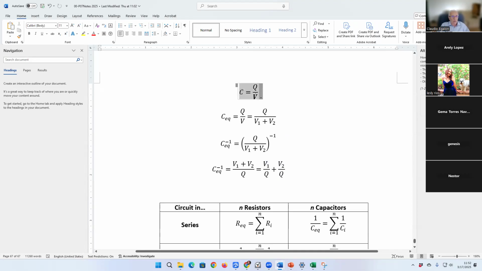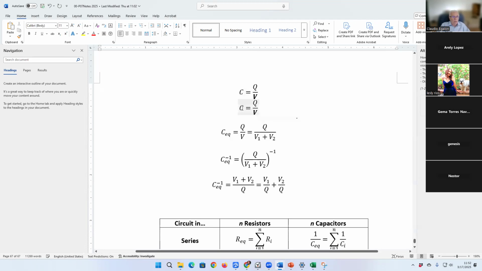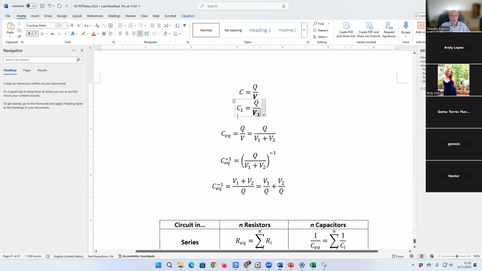Refer to this equation for the capacitor, right? By the same token that C equivalent is equal to Q over V, we can also write C1 equal to Q divided by V1.